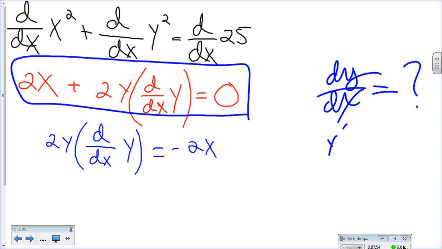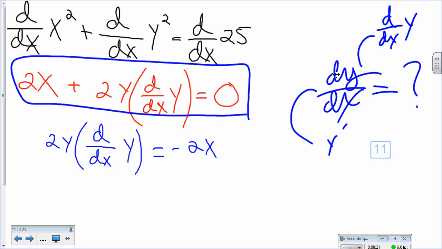Or think of it as y prime if you want. These mean the same thing. This means the derivative with respect to x of the function y. So if y was just r or something, it would be dr dx. Okay. Right.